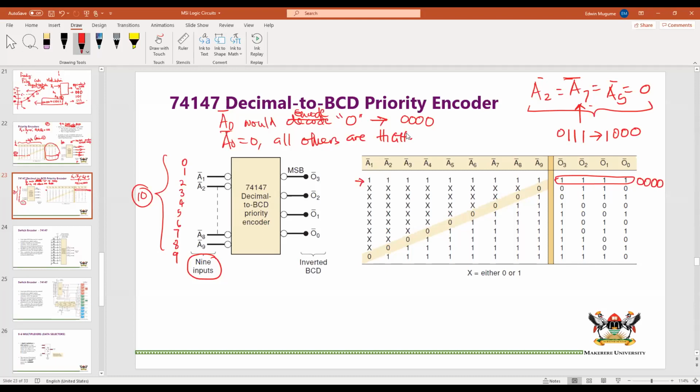A7 is here, and we can see it is 1, 0, 0, 0. But I'm saying, what if this was 0, and A5 was 0, and A2 was 0? If that is the case, we would still be able to get the right code, because the priority encoder would prioritize A7. That is why we say that we don't care what these are, since they have no impact or effect on the output.